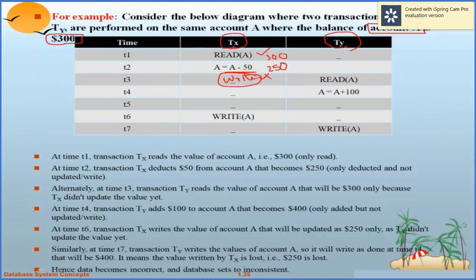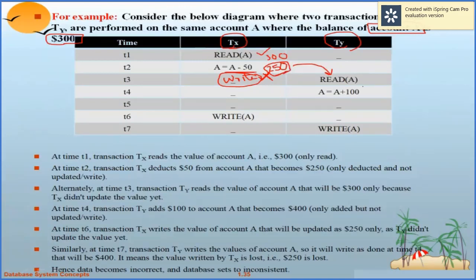No. This transaction is followed by one more read operation on A. As the commit has not been done, what is it going to read here? This 250 will only be saved when you give the write command over there, but the write command is not present here.